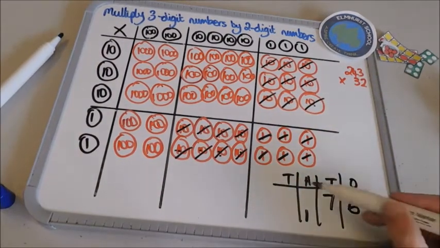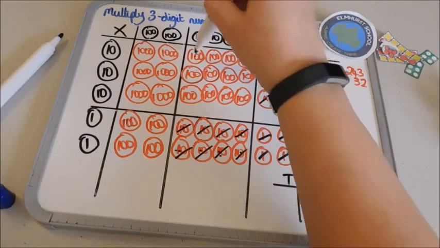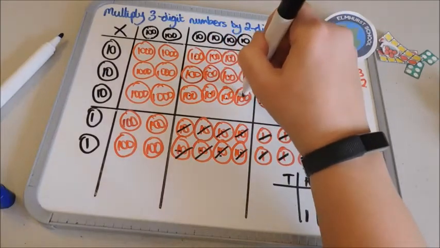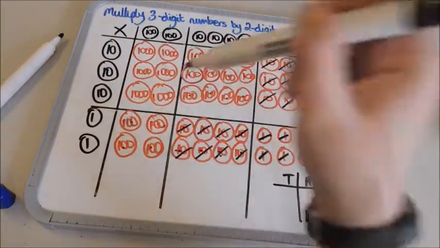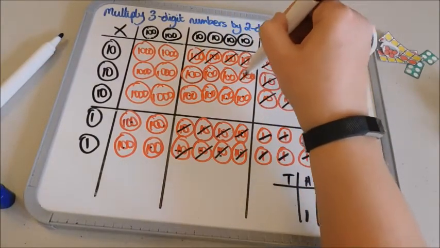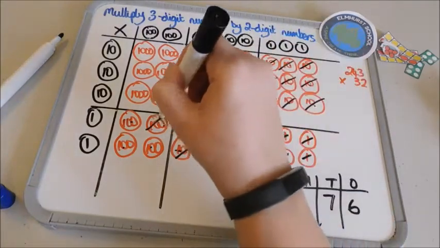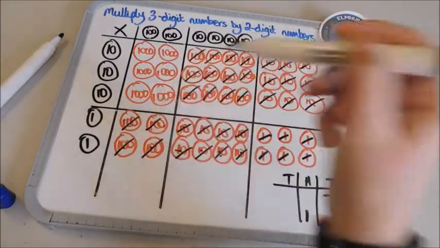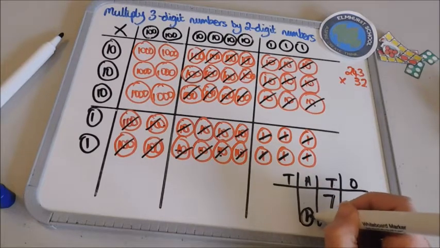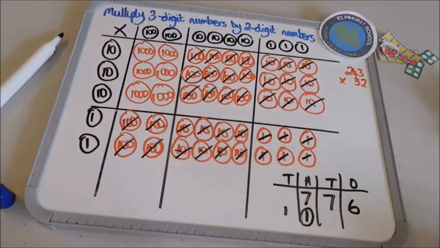176 so far. Now I'm going to look at my hundreds. How many hundreds have I got? I count 16. I'm going to double check that. 16. But I've also got this one here, so that makes it 17. I'm going to write the 7 down and carry the 1.